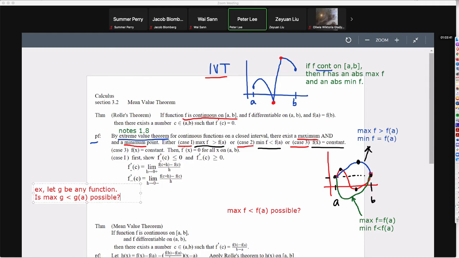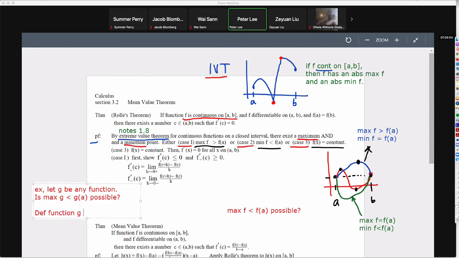Do you think max g can be less than g of a? Possible or not possible? No, I just realized it's not. So why is this not possible? Because what was the definition of the maximum of a function g?